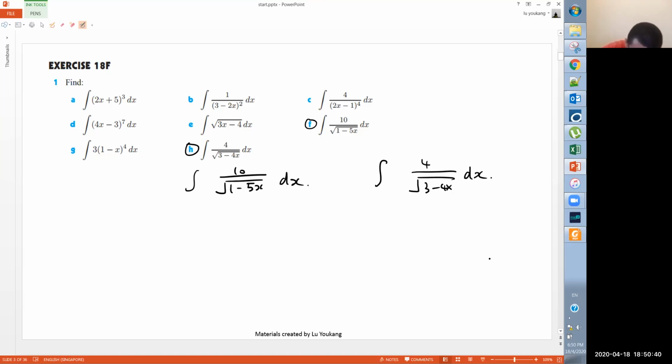It is 4, 3 minus 4x, negative half, is plus 3.